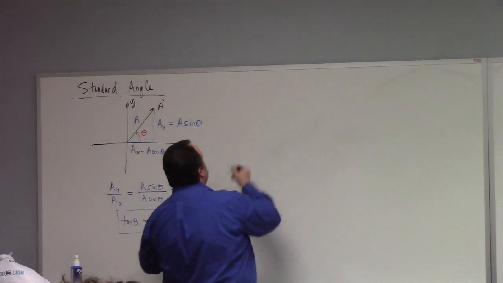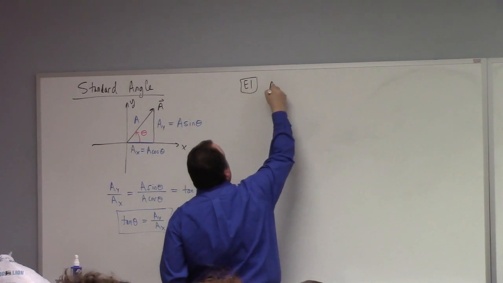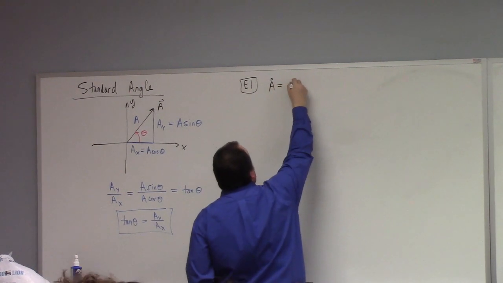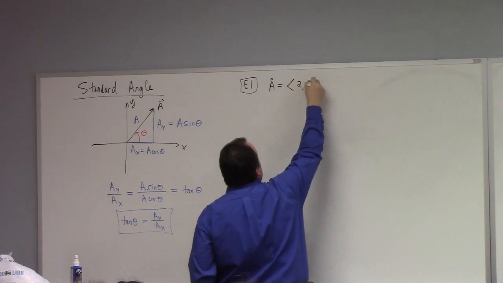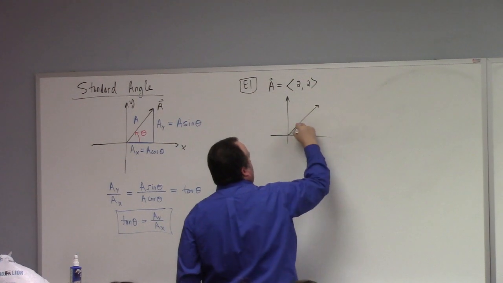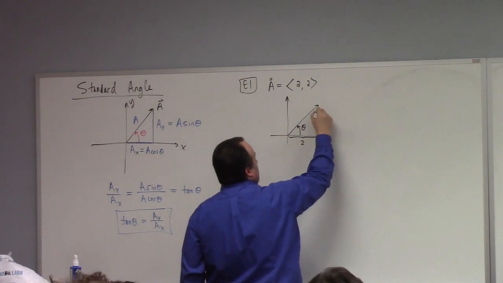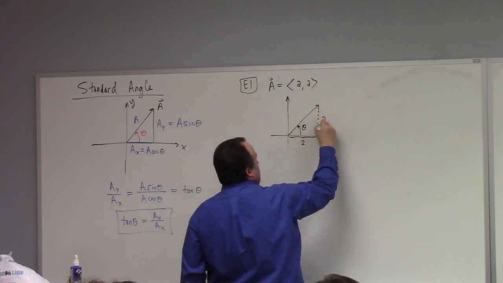So example 1. Well, I'll start out with a positive example. Here's a pretty simple one. Let's look at the vector 2, 2. So plotting that, something like this. Here's your theta, right? This distance is 2. This distance is 2, right?